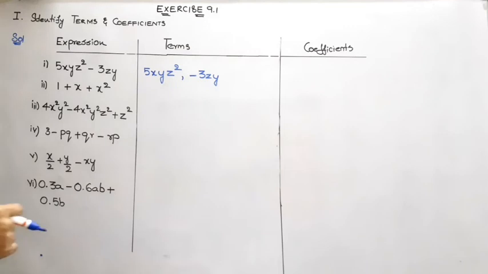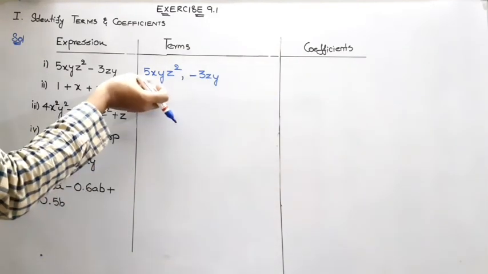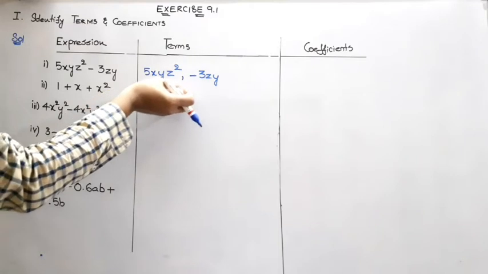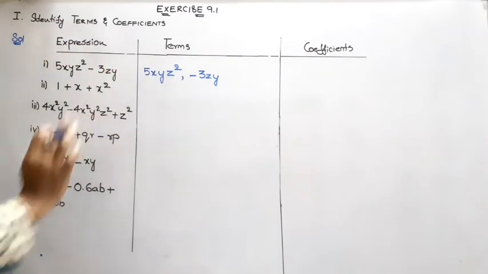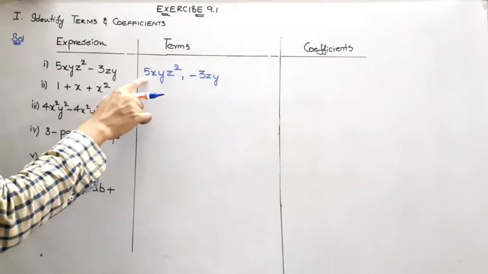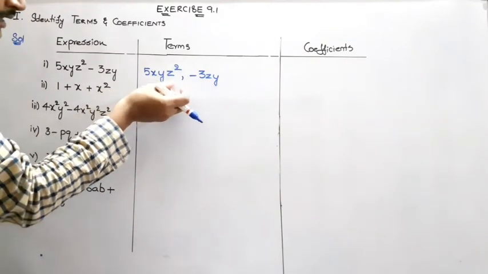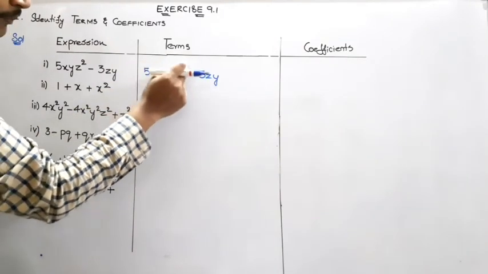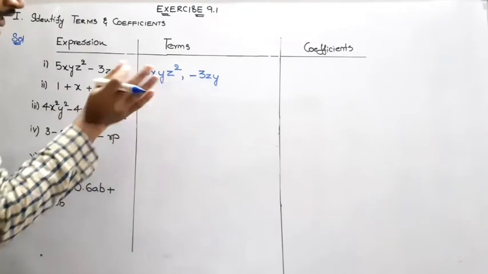Now they are asking us to write the coefficients. Look, the numbers or the numerals which are attached to the given terms of an expression we call coefficients. For 5xyz square, don't consider the power, only the number other than the variable here.